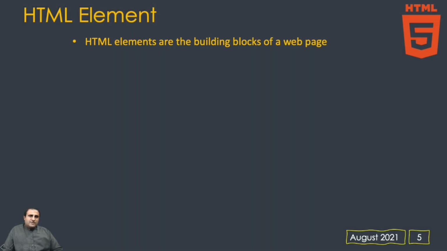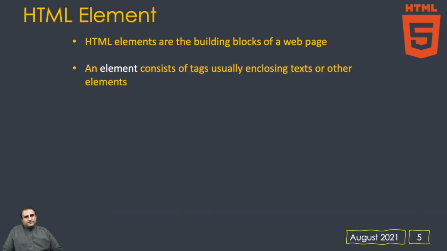So at the basic level we have an HTML element. HTML elements are the building blocks of a web page. An element is actually a tag. So each element has tags. Usually the text is enclosed in these tags.